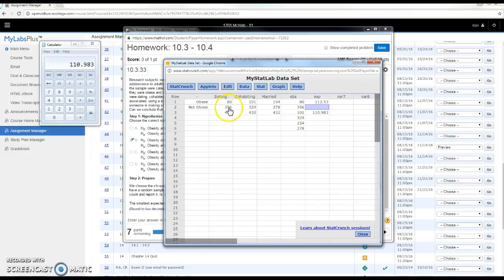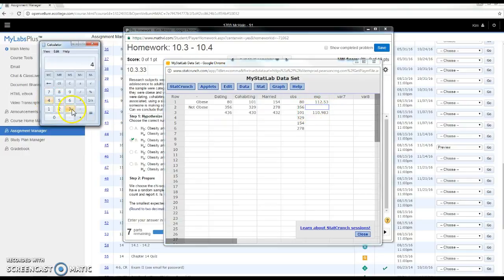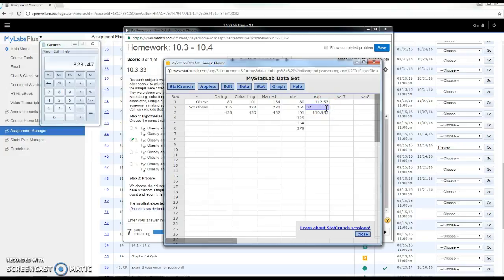For this 356, I could just take the 112.53 from the 436 to get the leftovers. So I'm going to take 436 minus 112.53, and I get 323.47. All right, so this 80 and 56 and this 112 and 323 should add up to the 436 number.